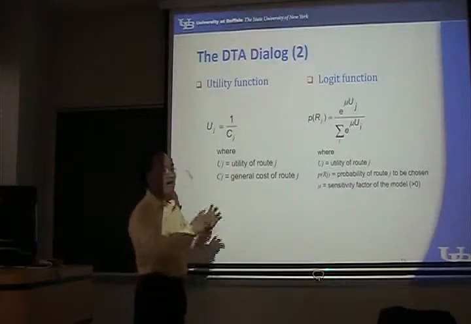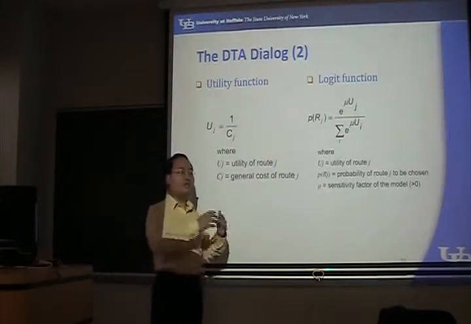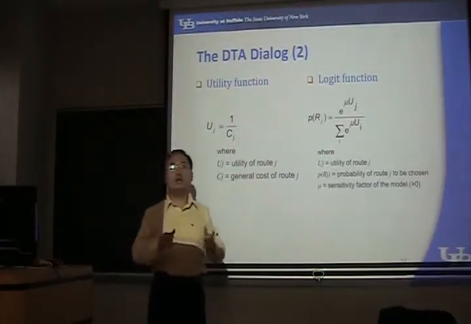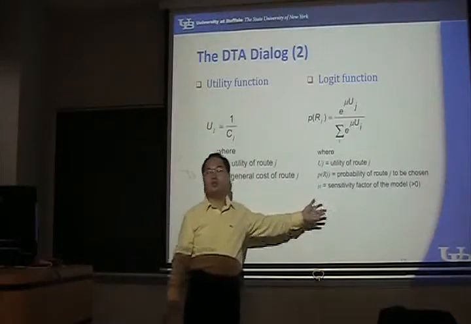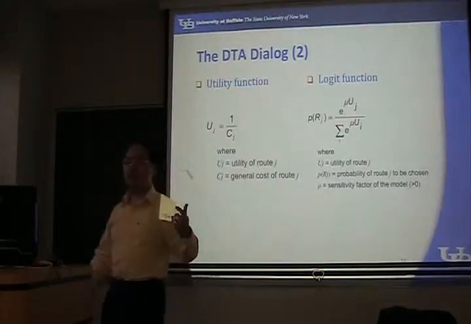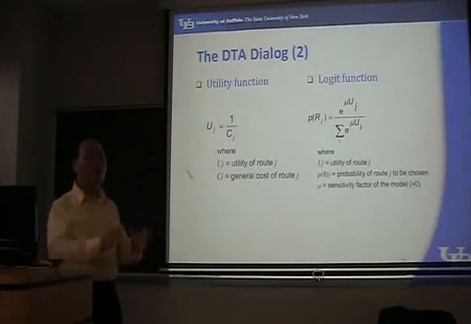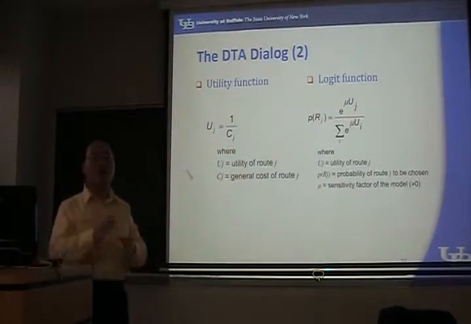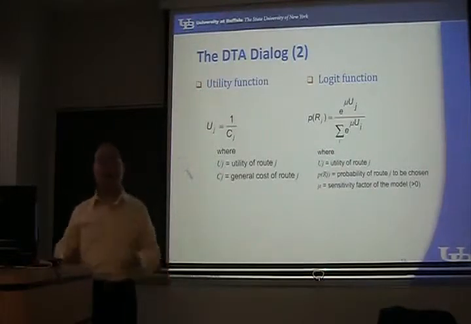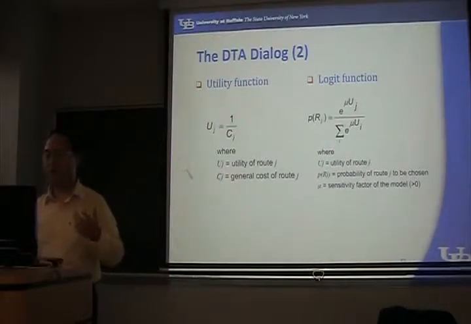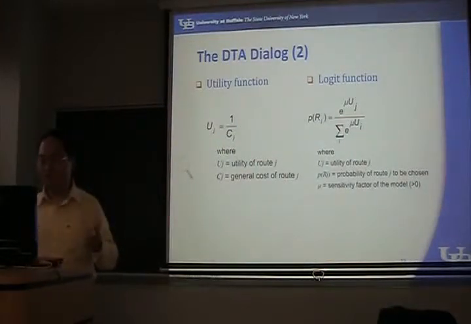So if the costs are 5 and 10, and in another case the costs are 105 and 110, by using the logit model we get the same probability distribution. So that's why they don't want to use it. They say 5 minutes and 10 minutes are a much greater difference than 105 minutes and 110 minutes.